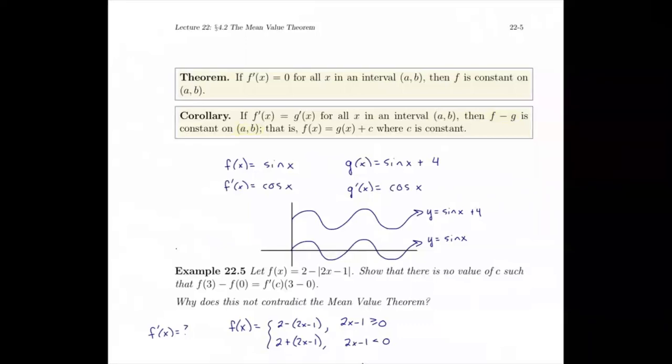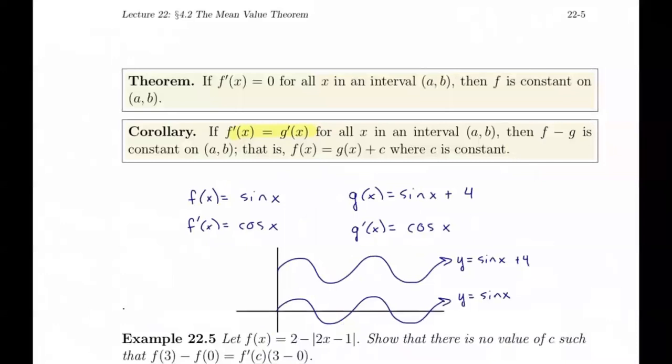So in other words, we can write f of x as g of x plus c, where c is some constant. Okay, so what that tells us is that if two functions' derivatives match for all values in a given interval, then they're only different from each other by a constant, because all of their tangent line slopes are the same. They're the same shaped curve. They're just shifted up or down from each other.